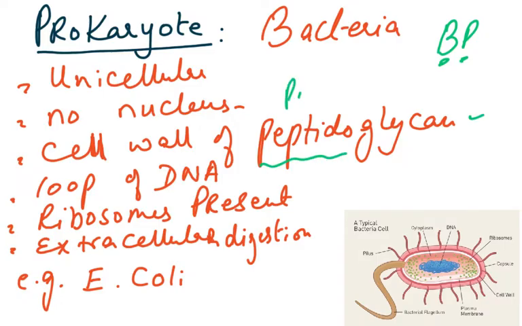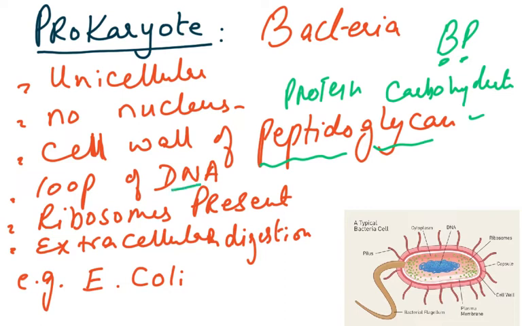Peptido means there's a protein present, and glycan means there's a carbohydrate present, like glycogen. So it makes sense if you understand them by correlating other words with it. It has a loop of DNA and ribosomes are present. So if there is DNA and ribosomes, that means they can make their own proteins. Extracellular digestion takes place. An example is E. coli, which is a form of bacteria.